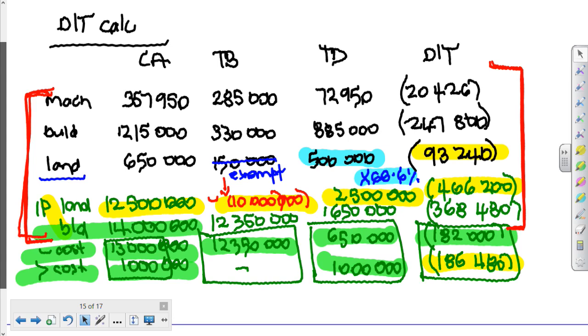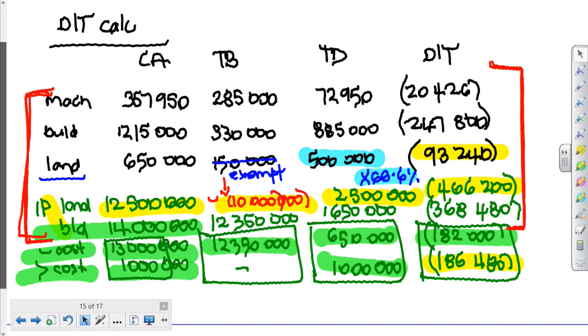So if I showed by temporary difference, it wouldn't say machinery, building, land; it would say accelerated tax allowances, with all the pieces that are accelerated tax allowances, and capital gains, with all the pieces that are capital gains. So rather, don't show the note by temporary differences. Rather, show the note by account. That's the easiest way to show it in this module.